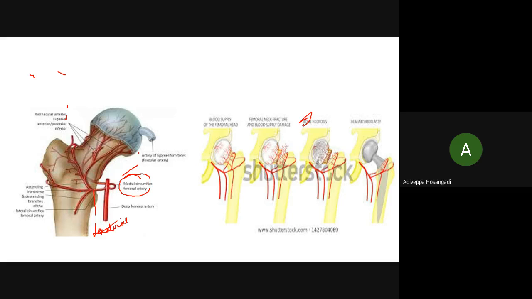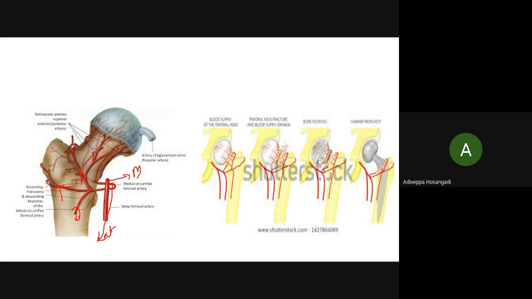So one thing is very sure, they always follow symmetry. There is a medial and there is a lateral. So it is circumflex, it is going around the neck, isn't it? Lateral circumflex and medial circumflex femoral artery. Lateral again has an ascending, a transverse, a descending branch. Don't go into this. Just remember lateral and medial circumflex vessels.